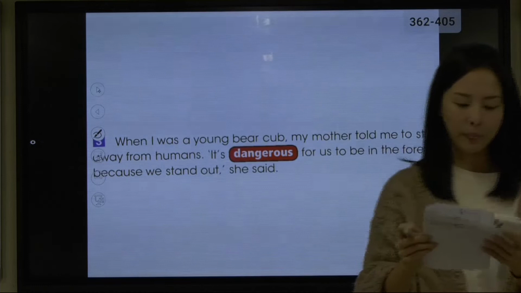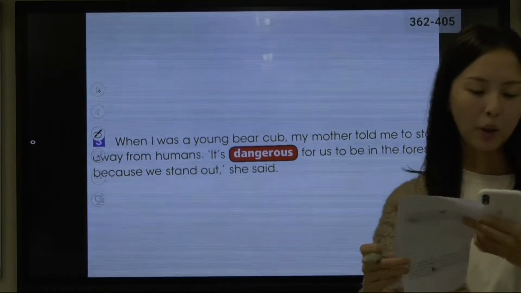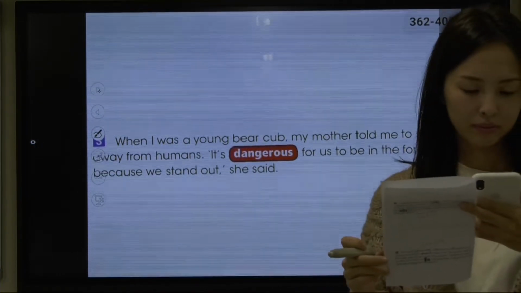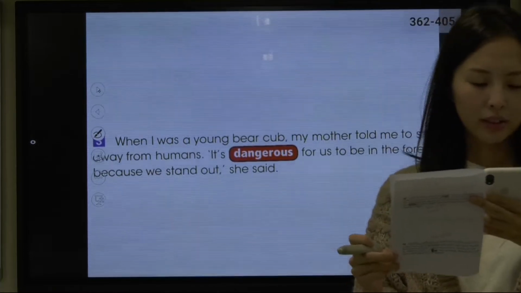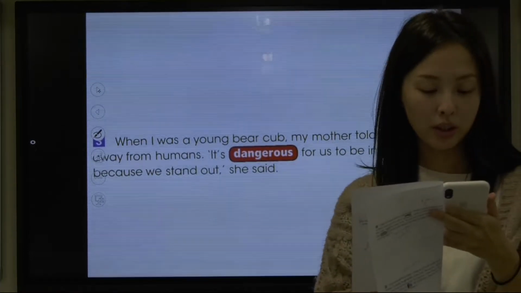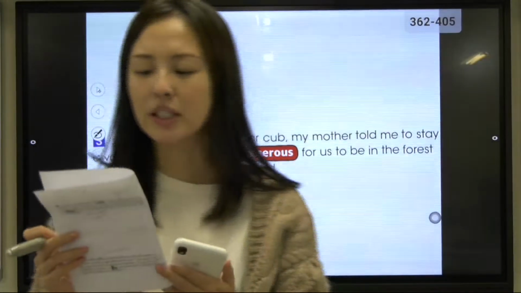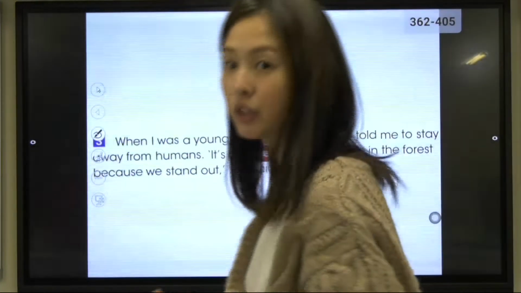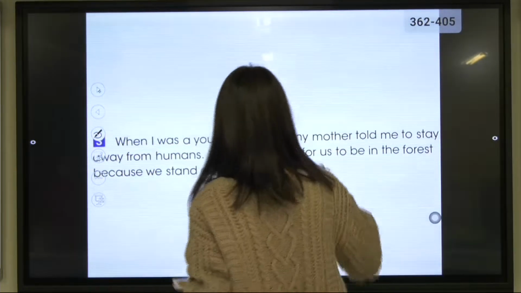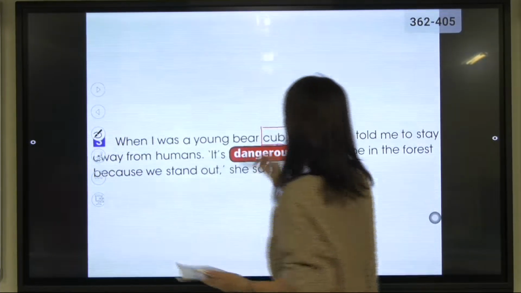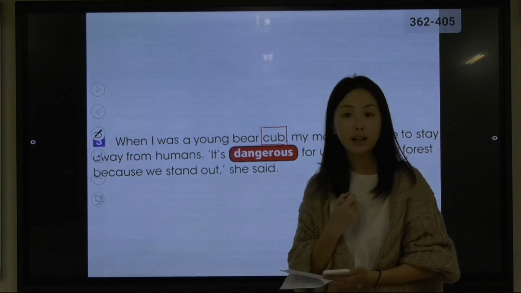Okay, next one. Paragraph 3. Okay, have you taken down the notes? Okay, Michael, take down the notes. When I was a young bear cub. So can you guess the meaning of cub? When I was young.